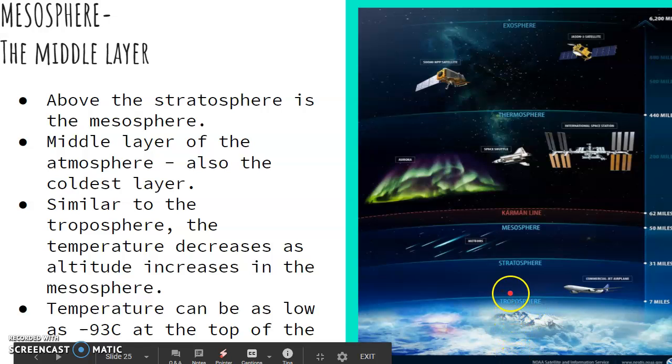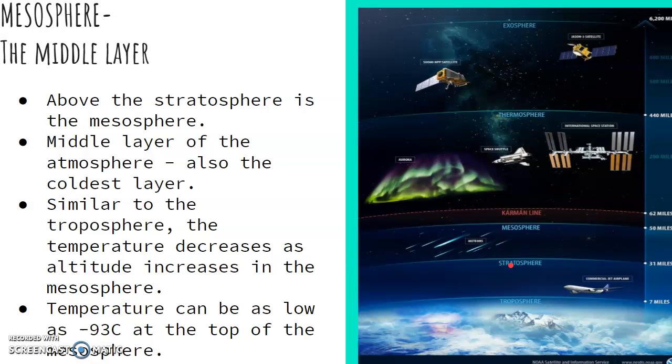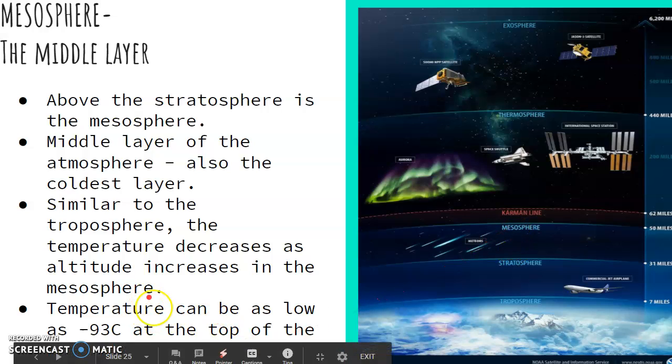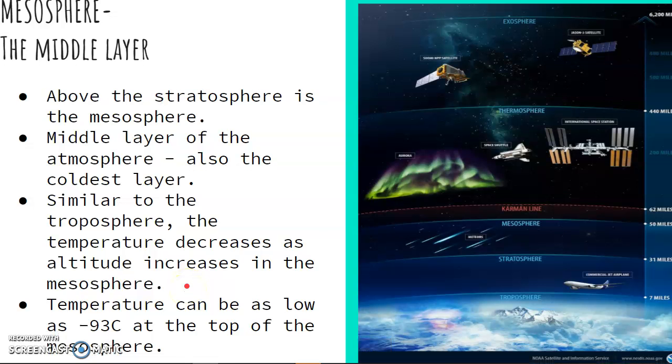But in the stratosphere, temperature increases as you go up because of the ozone layer and because the ozone layer absorbs the UV rays from the sun. And in the mesosphere, it's the coldest layer and temperature decreases as you go up. That is all the actual content for today.